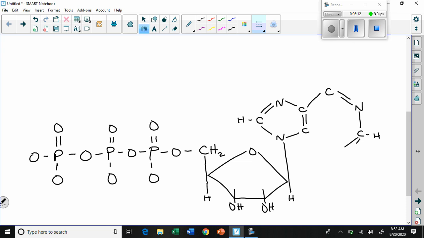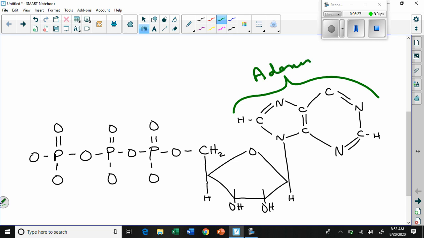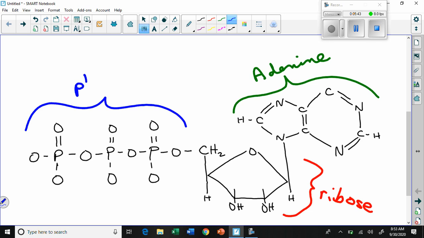A double bond down below here to an N, and then this to here. You might recognize this section here as the molecule adenine, one of the nitrogenous bases. And then you should recognize the molecule down here as a ribose sugar. And then these are the phosphate groups.